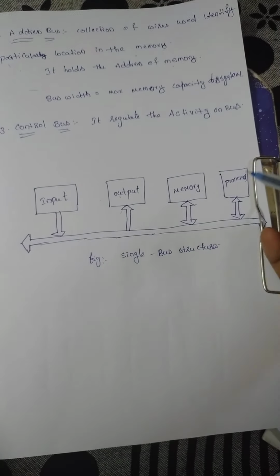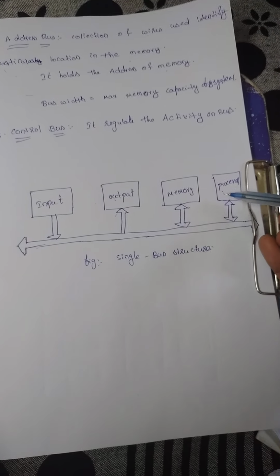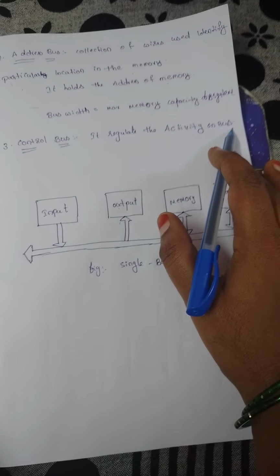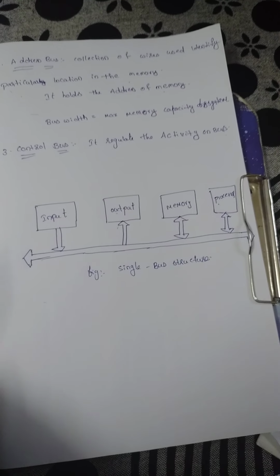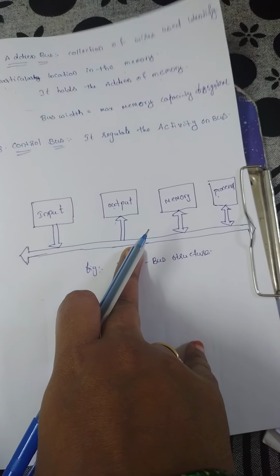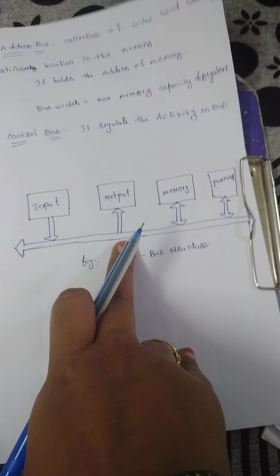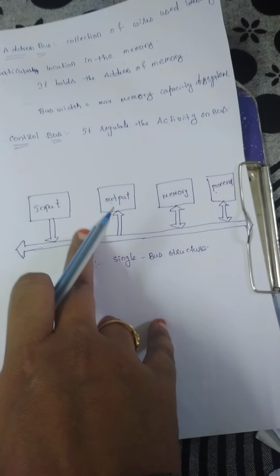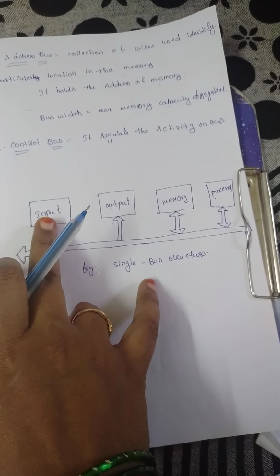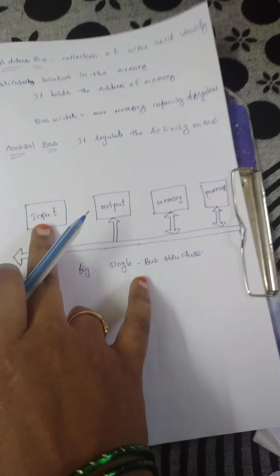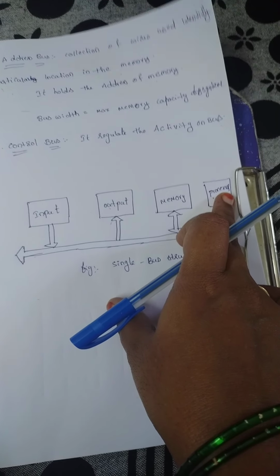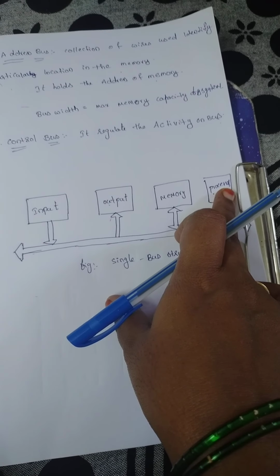They may transfer addresses using the address bus, and the control bus regulates the activity on these two buses. The bus can be used for only one transfer at a time, so all these devices cannot transfer data at the same time.